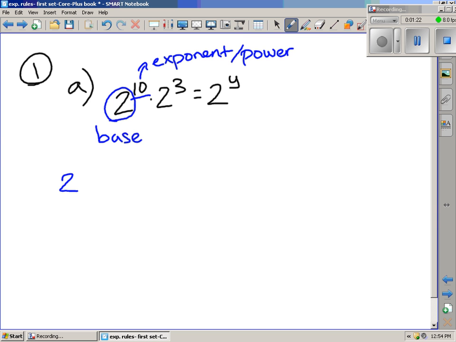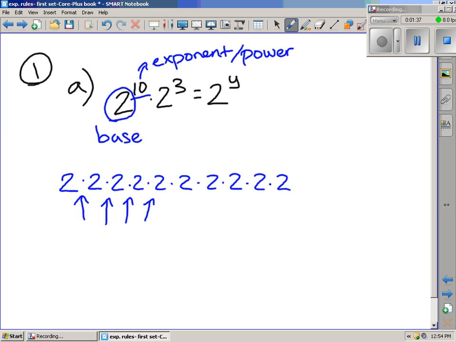So the 2 is going to be written 10 times, and we have a multiplication sign in between those values. So this is a product.